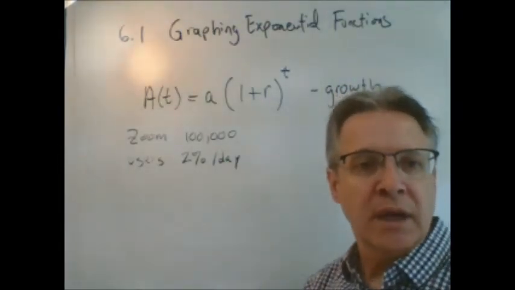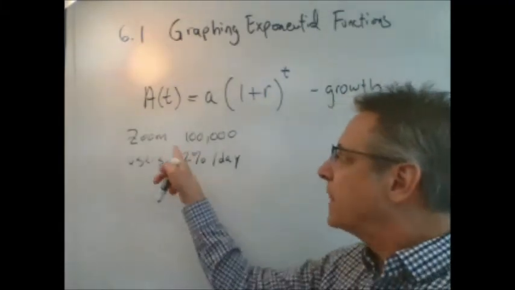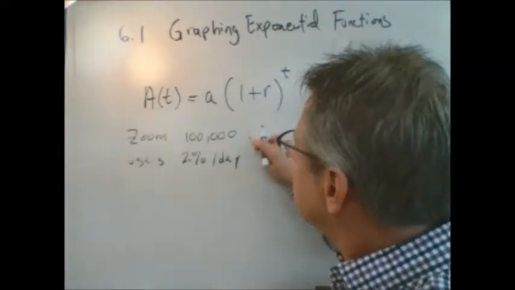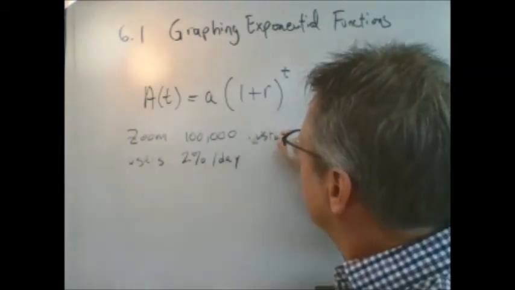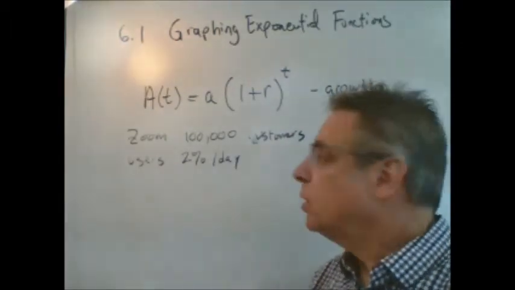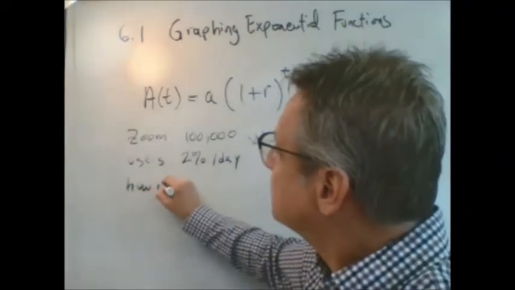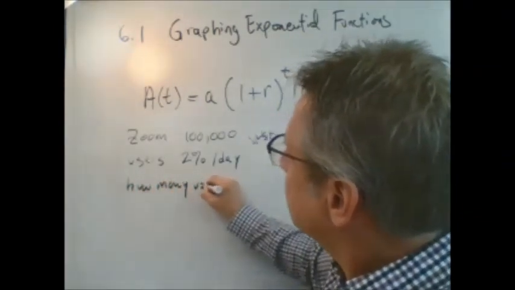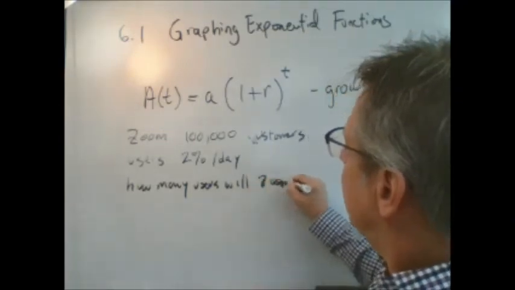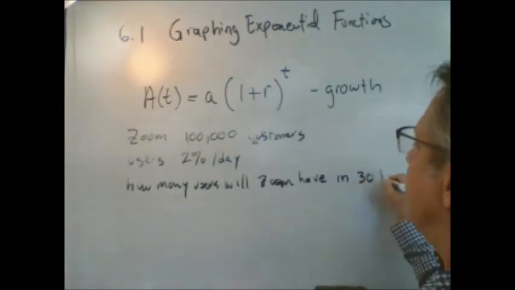With this pandemic going on, everybody's Zooming everybody else, right? So Zoom starts out with 100,000 users, growing at 2% a day. How many users will Zoom have in 30 days?